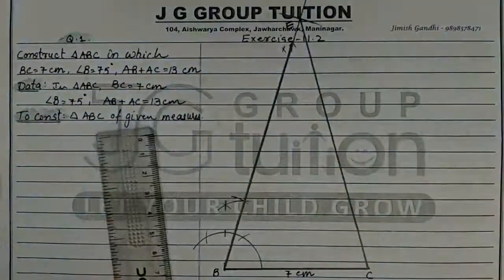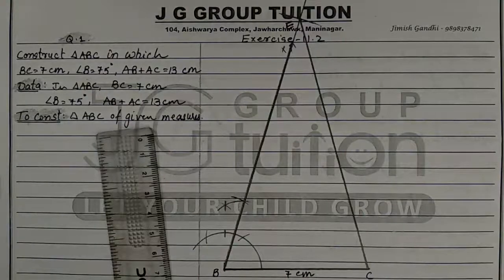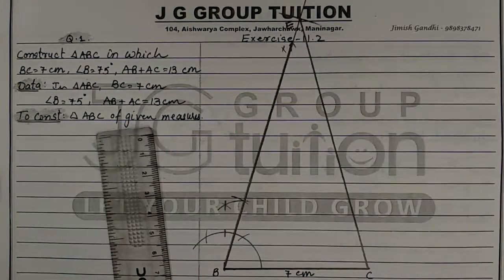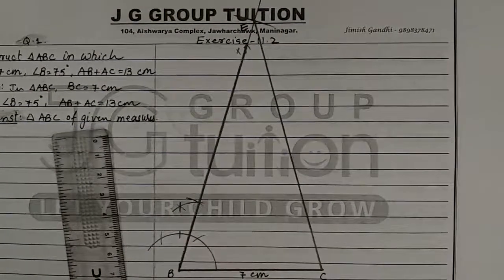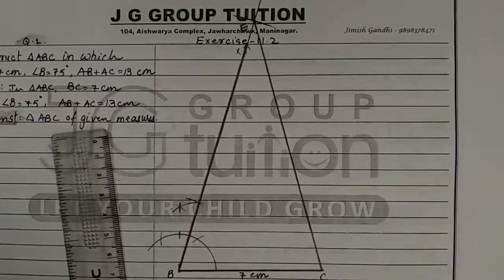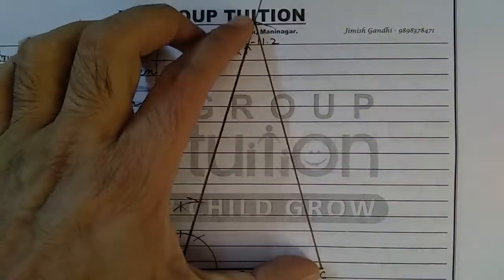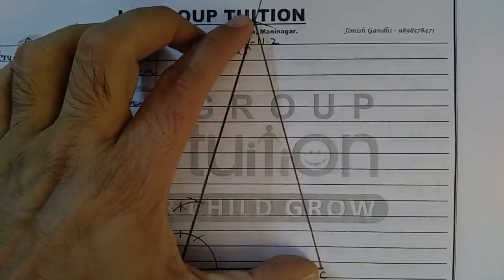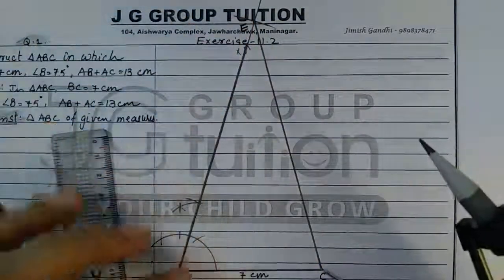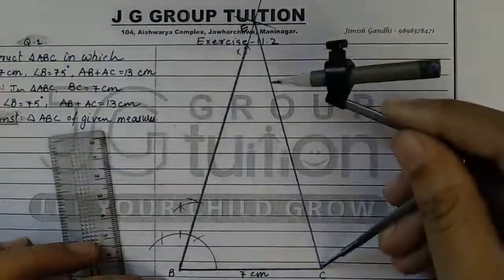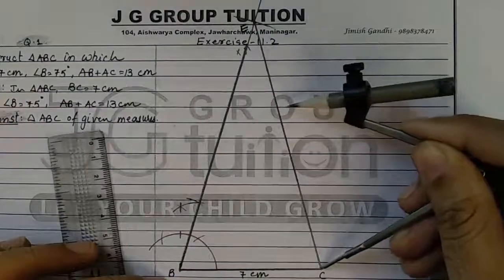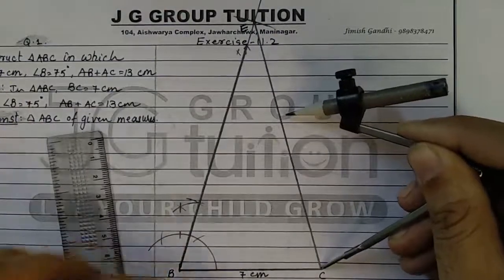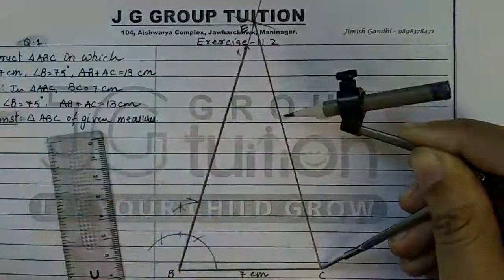Still we have not obtained point A. To obtain point A, we have to construct the perpendicular bisector of EC, which we have already learned. We take a radius more than half of EC, an approximate measure.